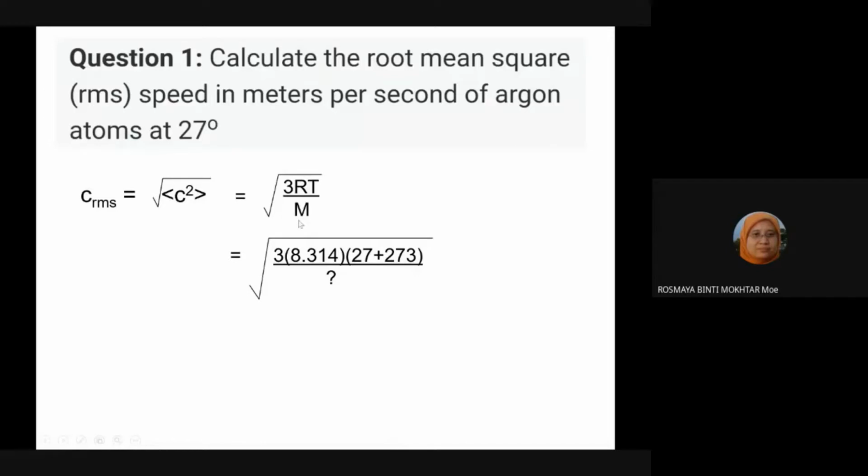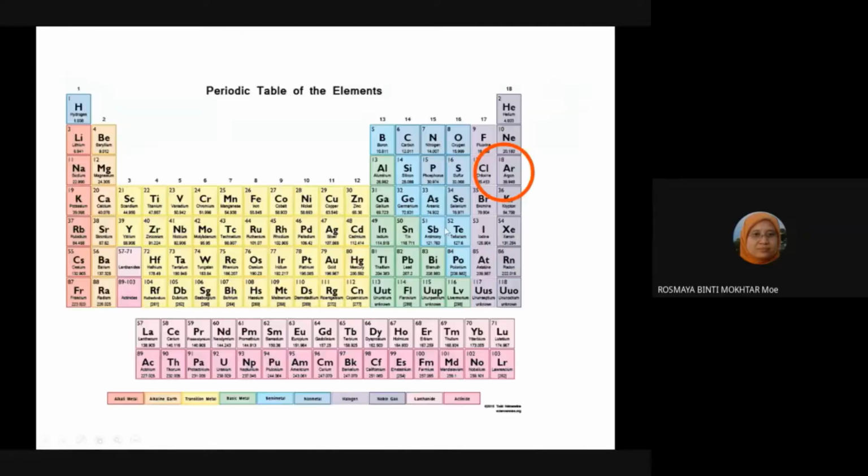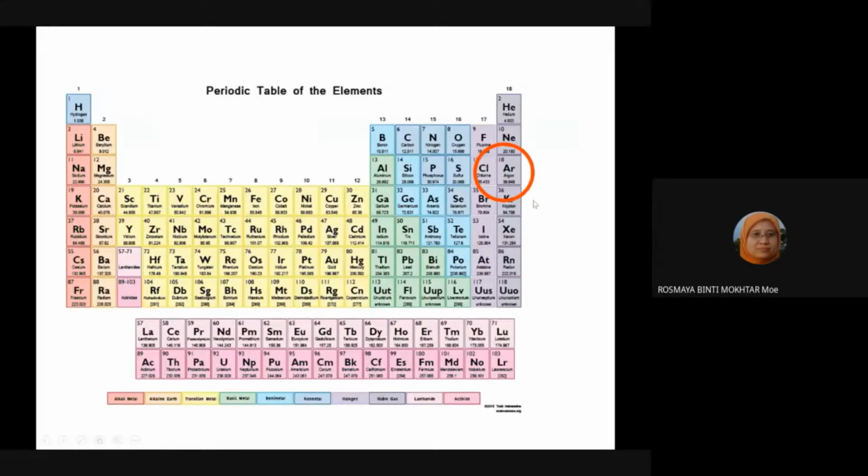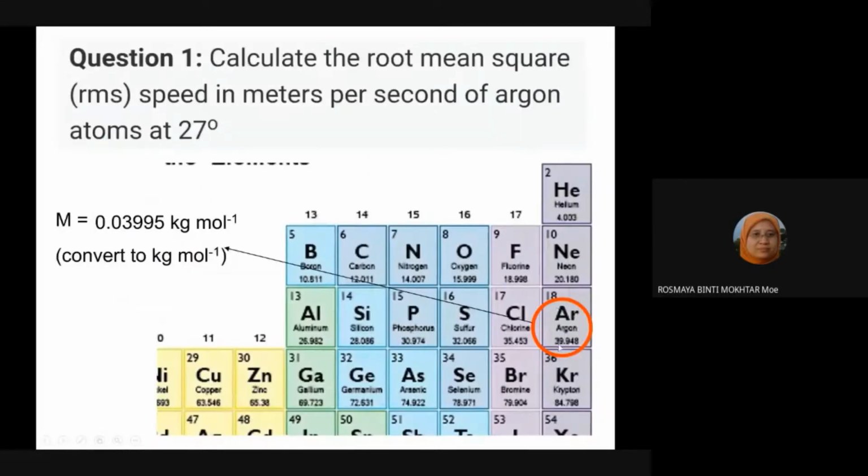But the problem is we don't know the molar mass. So you need to refer to the periodic table for argon. So you refer to the periodic table, argon here. The value is 39.948 gram per mole.